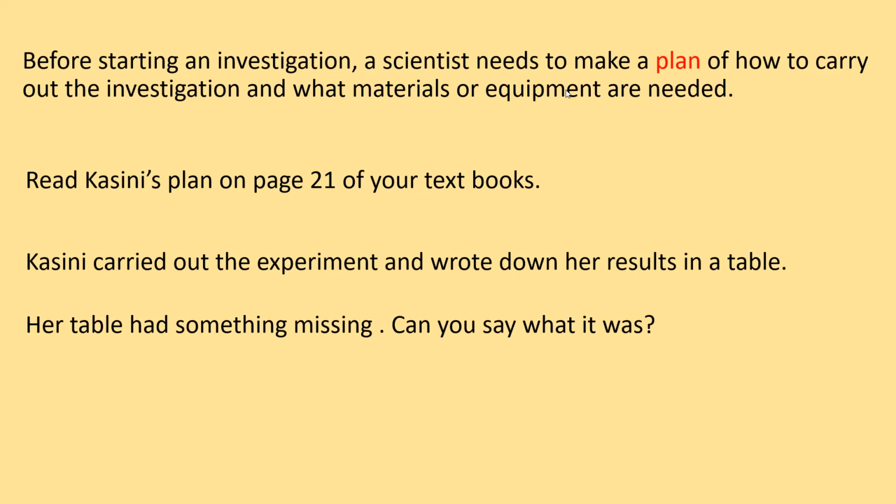Let's repeat the scientific method. First of all, you observe, then ask a question, then make an experiment, and predict, and then write the results. Sorry, before the experiment you should write a hypothesis.